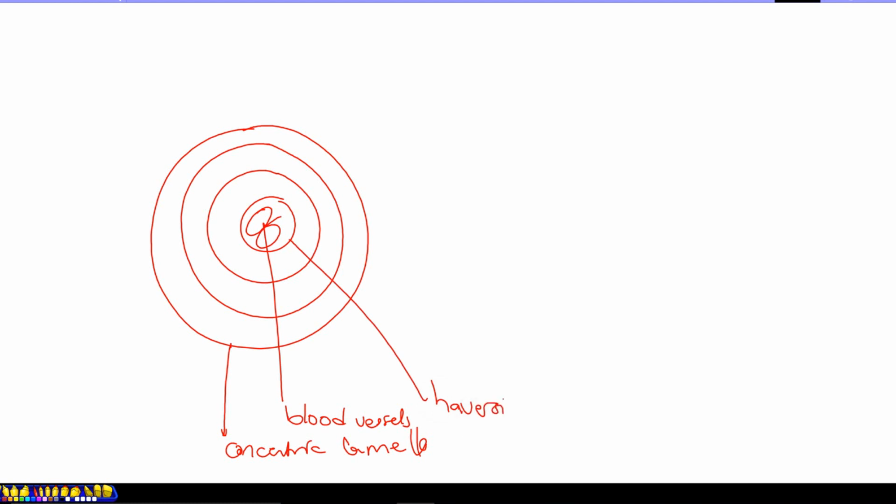To show the Volkmann canals, we need to draw two Haversian systems. Again, the Haversian canal, and around the Haversian canals, concentric lamella. The Haversian canal contains blood vessels. This Haversian canal plus concentric lamella, we call the Haversian system.